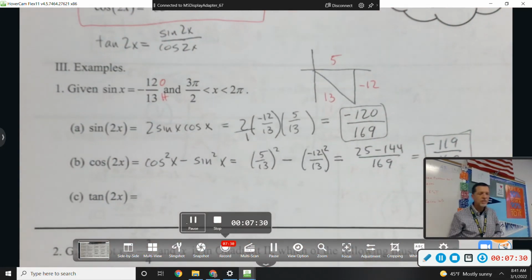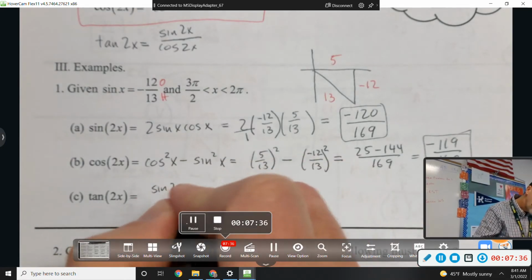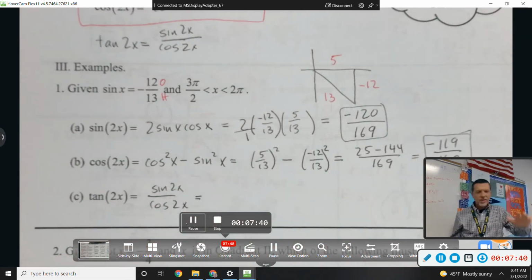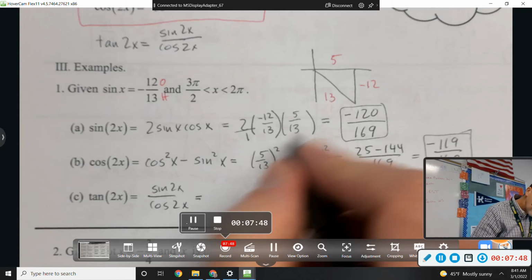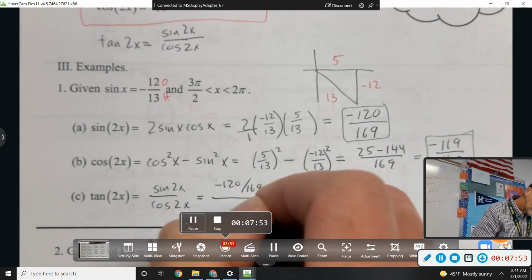So there's not really an extra formula, we'll just use sine over cosine. And we'll almost always ask them in triples like this, so you won't have to find anything extra. Let's see, sine is negative 120 over 169.